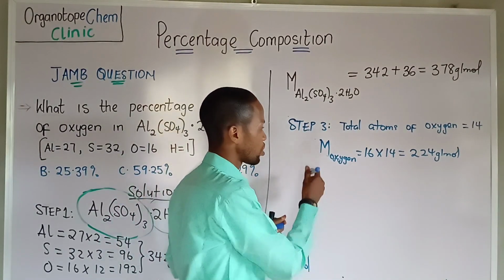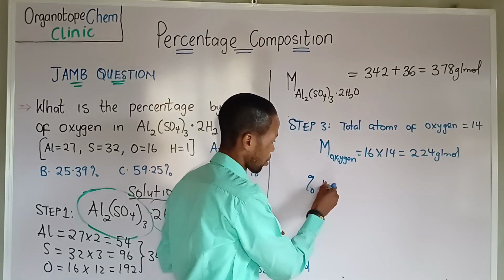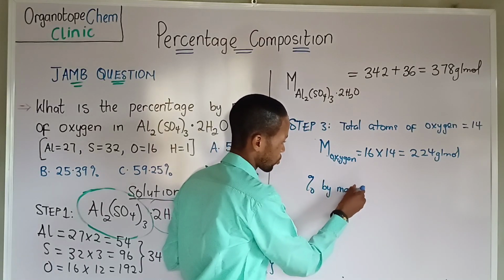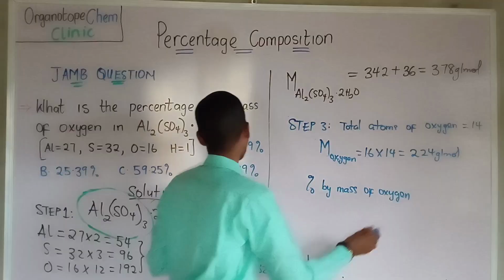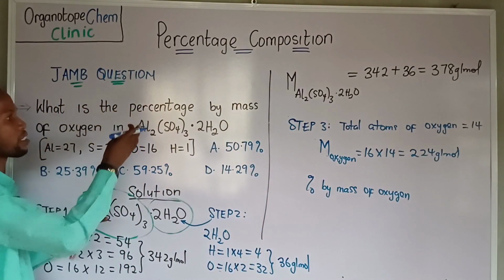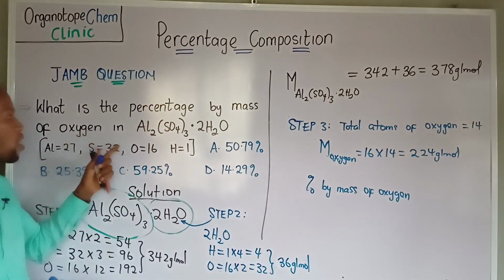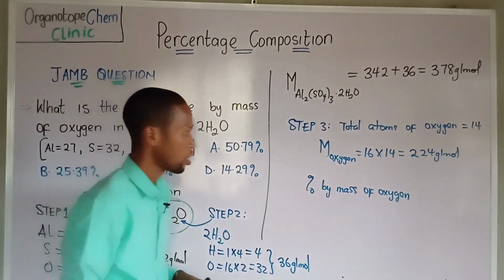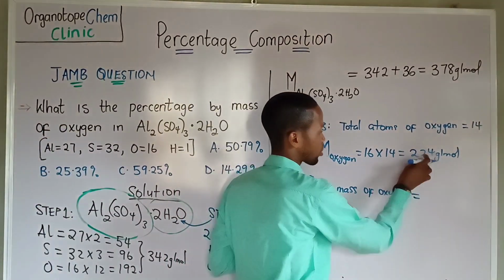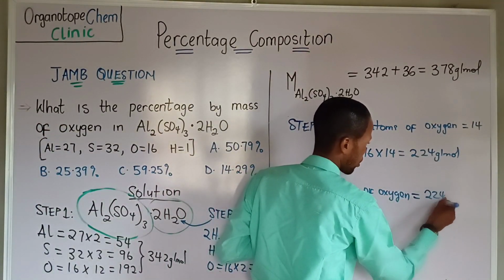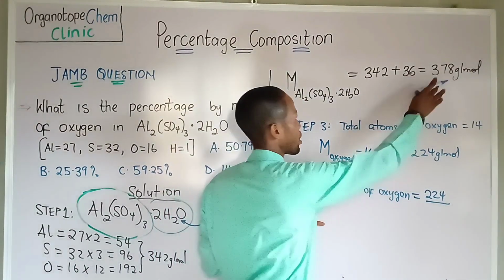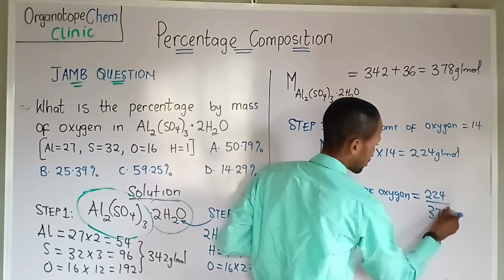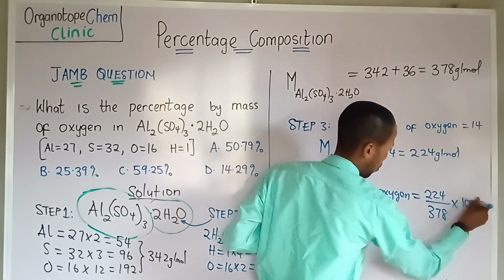Okay, so we have to determine the percentage by mass of oxygen. According to the question right here, what is the percentage by mass of oxygen in this compound? The total mass of oxygen atoms is 224 and the mass of the compound is 378 times what? 100.